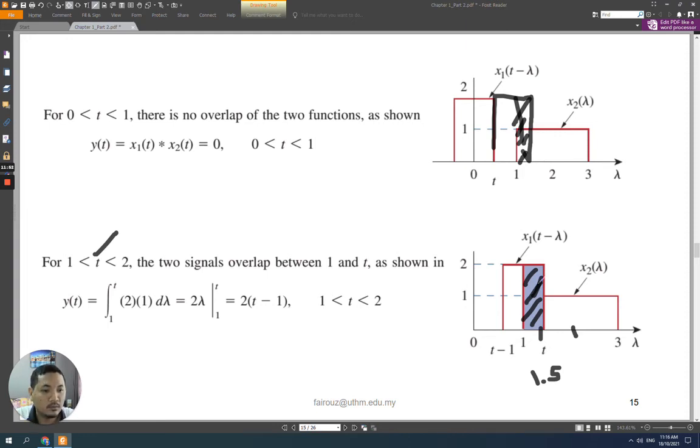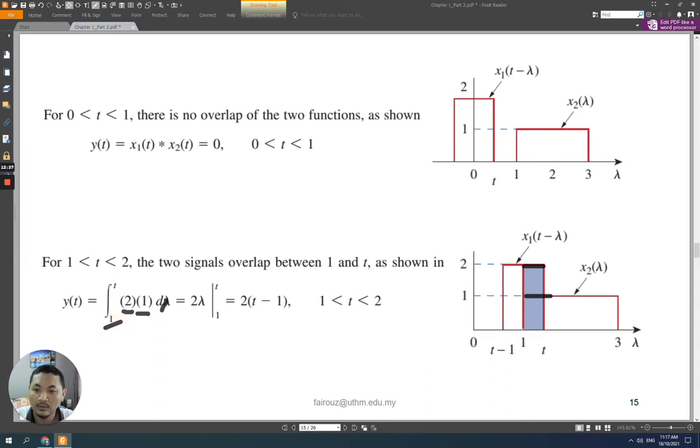So we have to get the amplitude for these two. For signal 1, the amplitude is 2. For signal 2, the amplitude is 1. You multiply these and then integrate with respect to lambda from 1 to t.